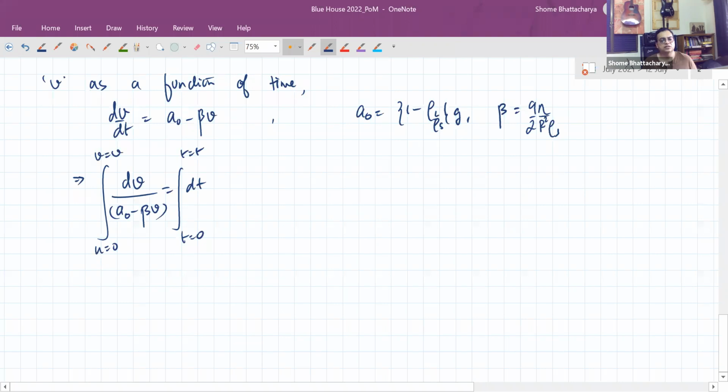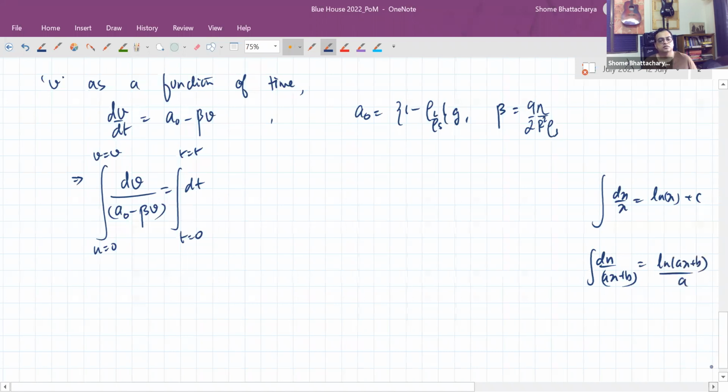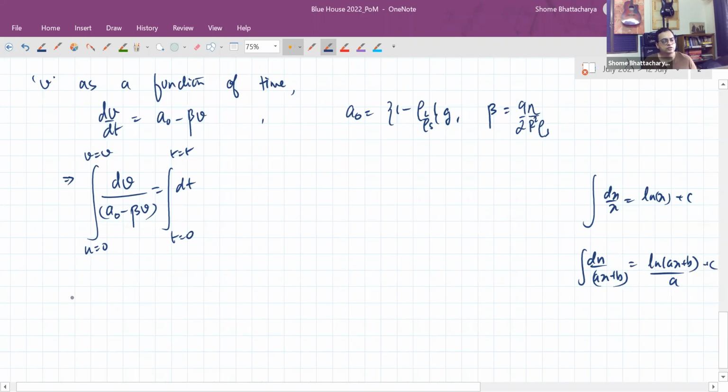Now we are just using the standard integration from maths, that integration of 1 by x is ln x. So integration of 1 upon a linear function becomes, by substitution, ln of that linear function divided by the coefficient of x, plus c. Here the coefficient of x is minus beta. So this becomes ln of a naught minus beta v with a minus 1 by beta.